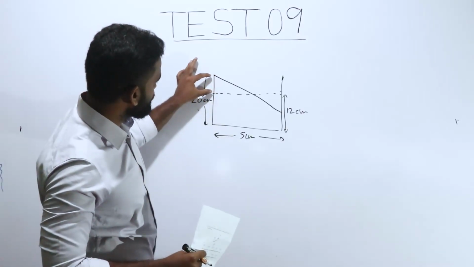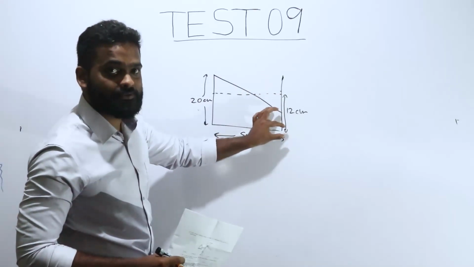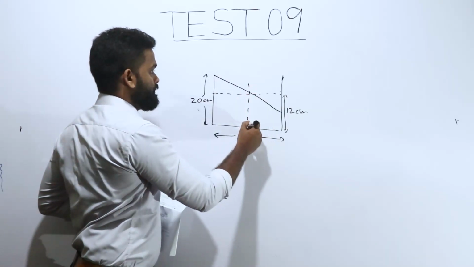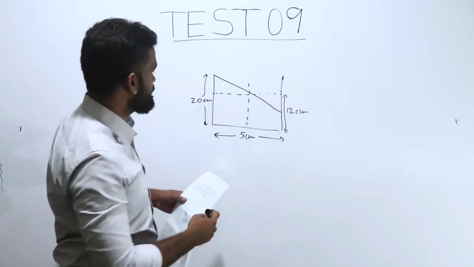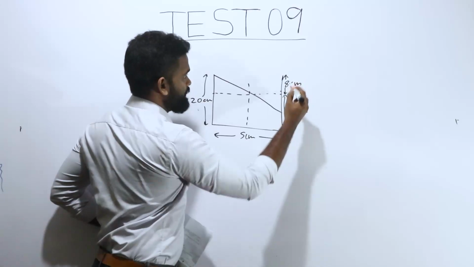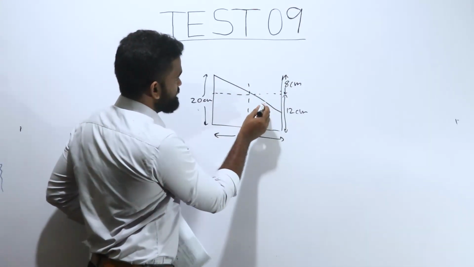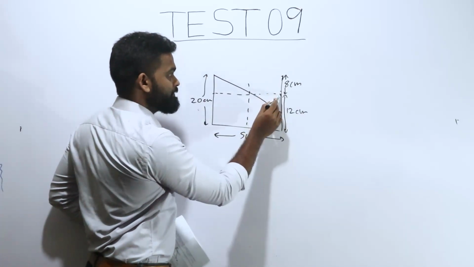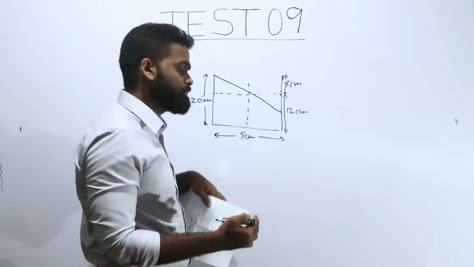From this side it rises, and the other side it falls by the same amount, right? Since this is 20 centimeters, and this is 12 centimeters, this length should be 8 centimeters. So the rise should be 8 centimeters, and the fall also should be 8 centimeters. It is symmetrical to both sides.